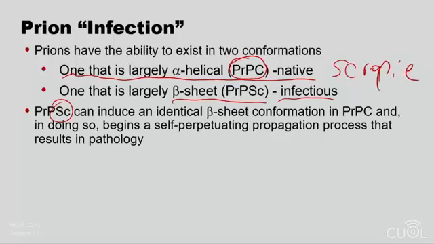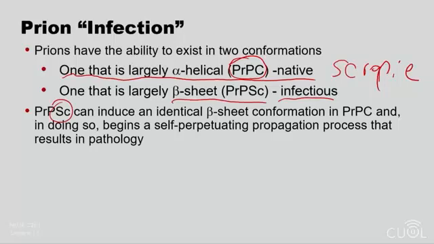Okay, that infectious protein then alters other proteins. So it takes a native conformation protein and causes it to misfold. And now you have 2 misfolded proteins. And then those go and cause other proteins in their native conformation, or the prion proteins, to misfold. And so it just keeps propagating.